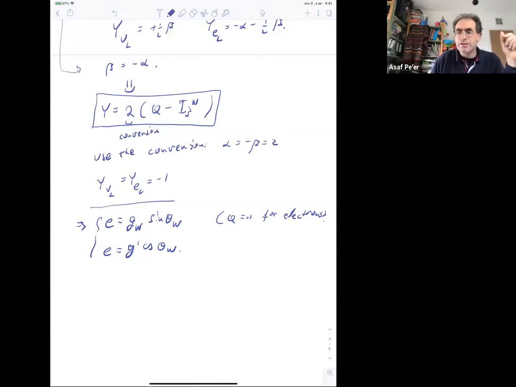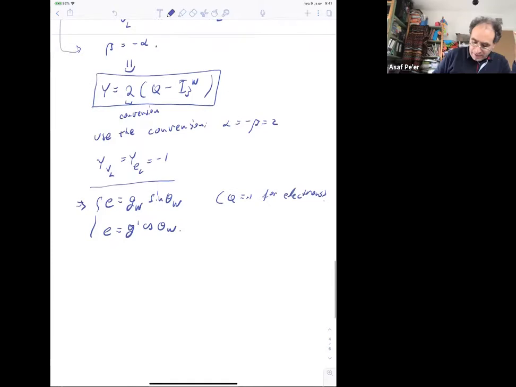The weak coupling constant, the electroweak part, coupling constant, G weak and G prime. And of course, this mixing angle, which is something which you can measure. So basically, this theory does give us a prediction of the couplings of the Z particle to the fermions, right? And again, something which we can validate.